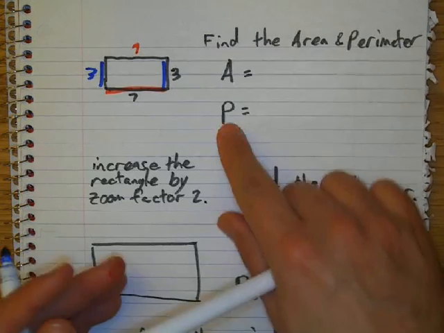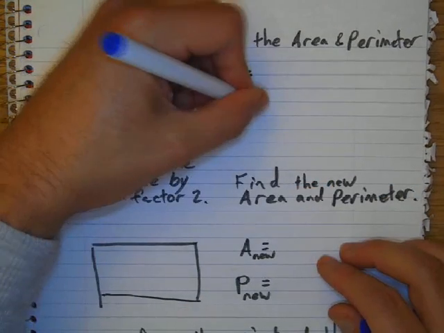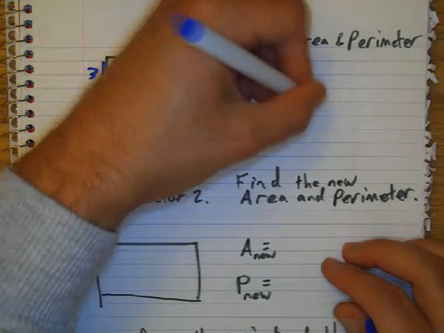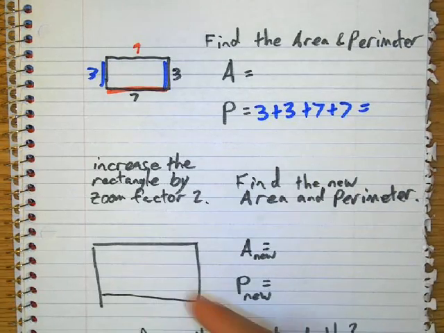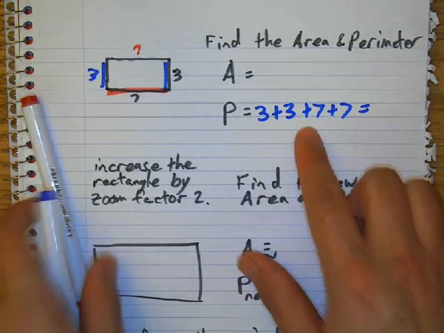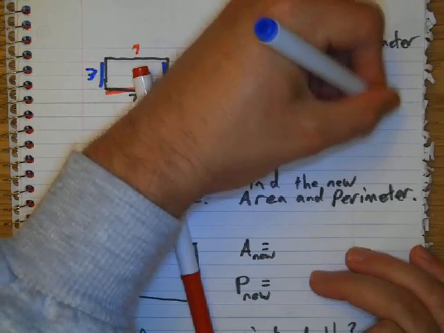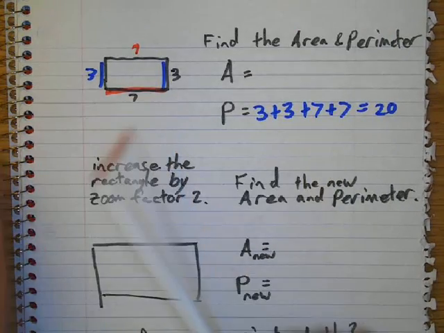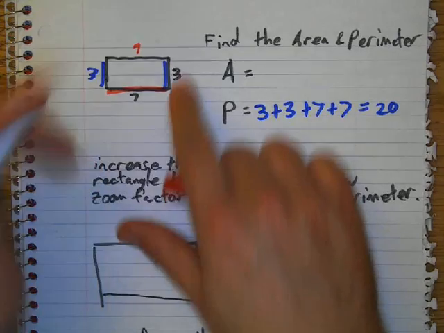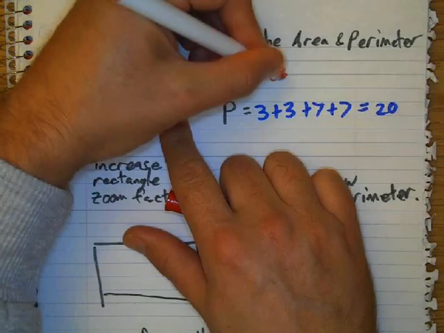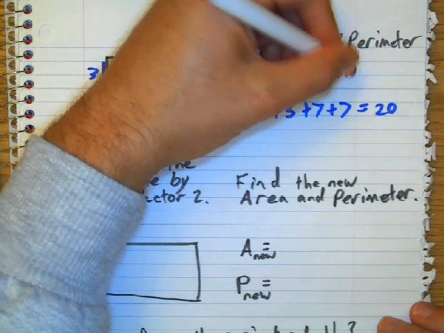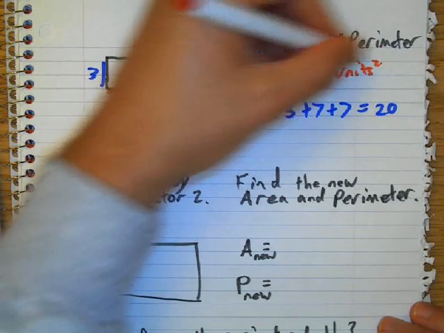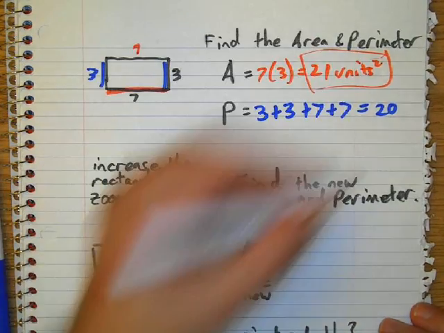So for the perimeter, it's 3 plus 3 plus 7 plus 7, which is equal to 14, and 6 is 20. Okay, now the area is length times width, so 7 times 3, which is 21 units squared.